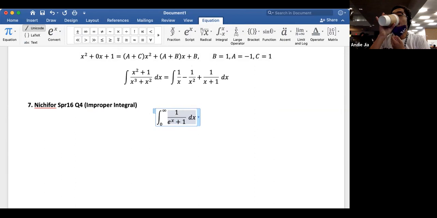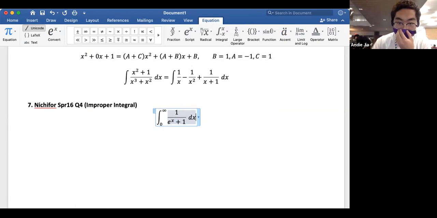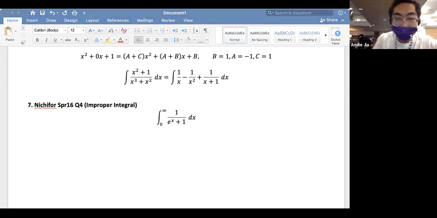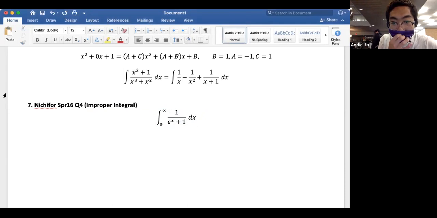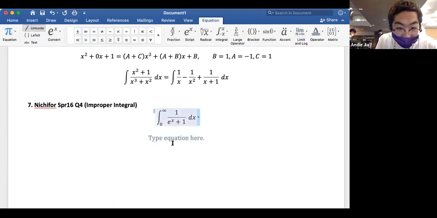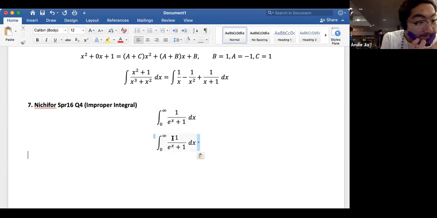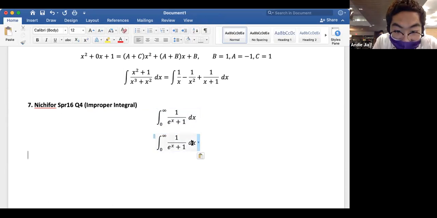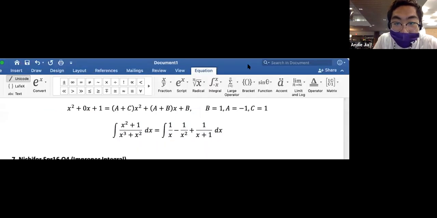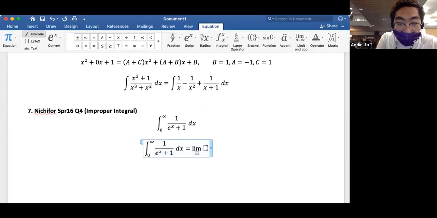For this one, we view it as a limit format, the limit as b approaches infinity.